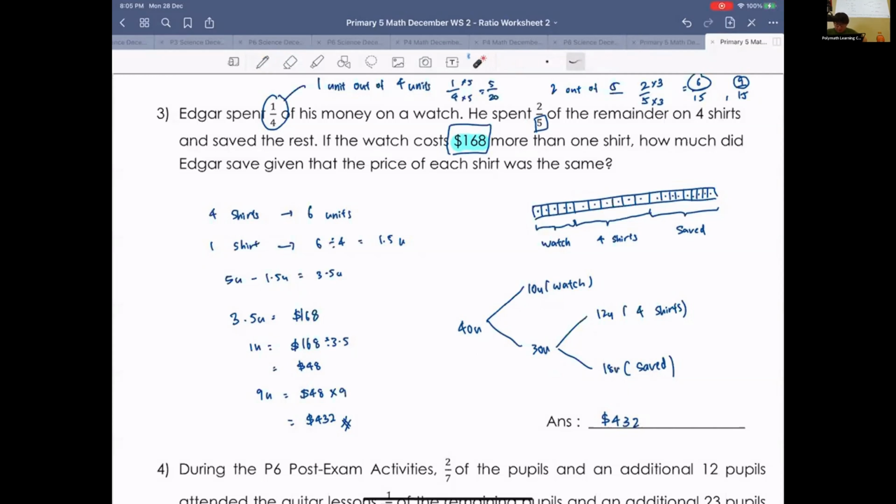Now my 4 shirts, 12 units, can now be divided by 4. So 12 units divided by 4, each shirt will be 3 units.